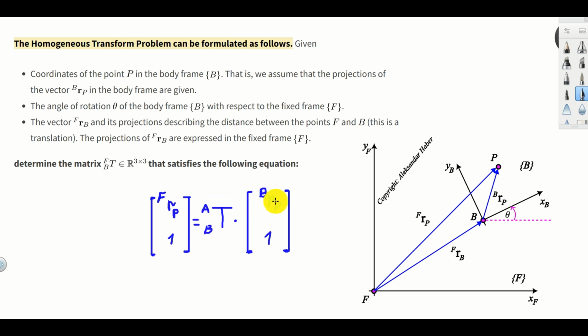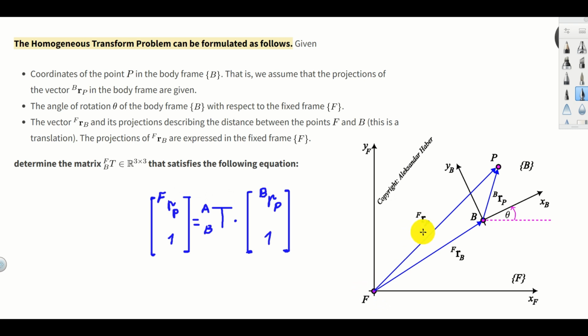Then let's explain the notation that you can see over here. So what is written over here? Whenever you see R, R is a distance vector. Then the subscript is the point. For example, over here, this is the distance vector to the point P, this is the distance vector to the point B, and then you will see this left superscript. The left superscript denotes two things. First of all, it denotes the point with respect to which we measure the distance.